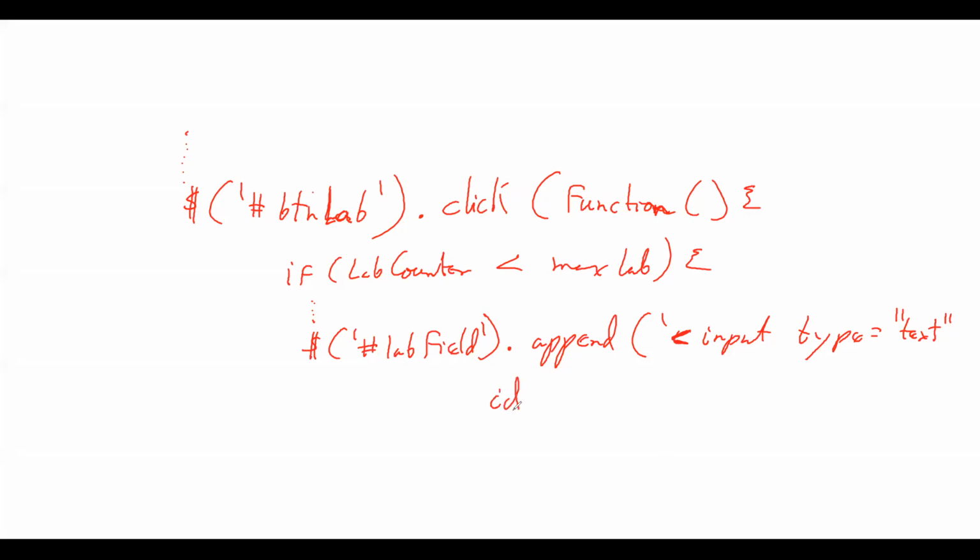So the ID needs to be a combination of some name, like let's say labs, plus, and you have to, so this might be something that it's probably better to do outside and then just put the variable in here, right? In the loop. Does this make sense, guys?